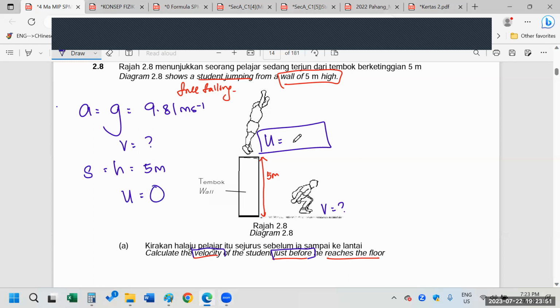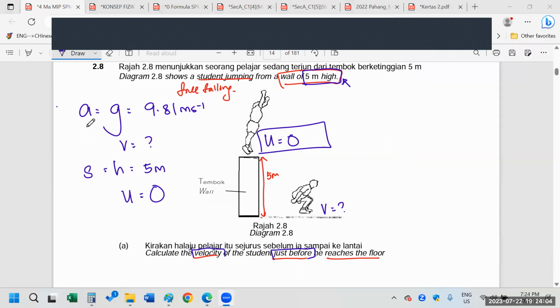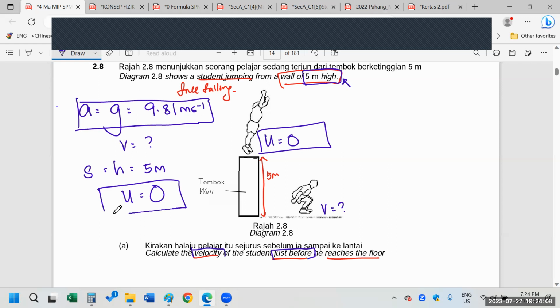Yes, 0. Actually, here only got 1 in 4, but actually we got 2 hidden information. Thank you, Darren. 1 and 2. And 3 is your unknown.